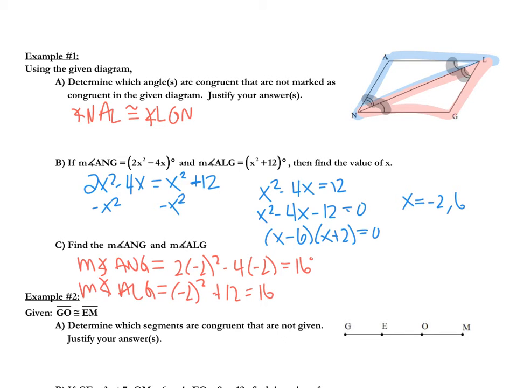If not, I made a mistake somewhere. Okay, good thing is it turned out all right. Then we have to do that again with 6. And we get 48 degrees. Again, take the time, check your math, don't just assume. Make sure you get the right answer.